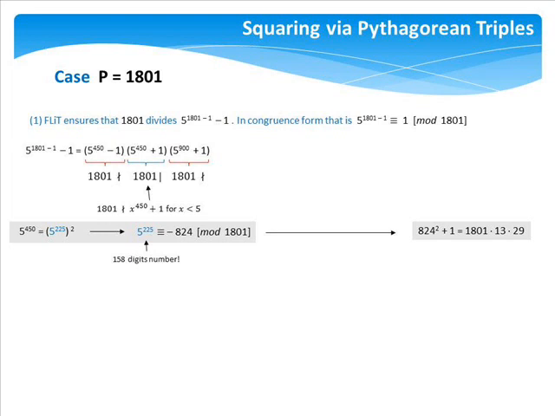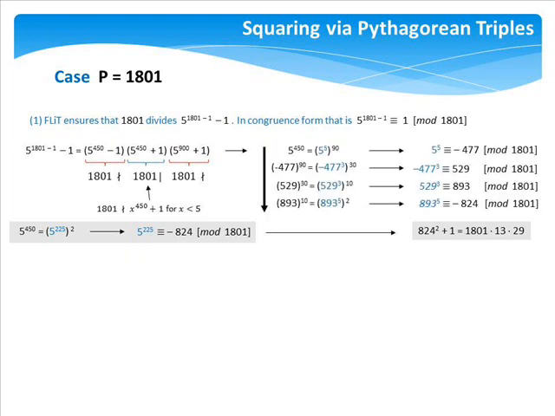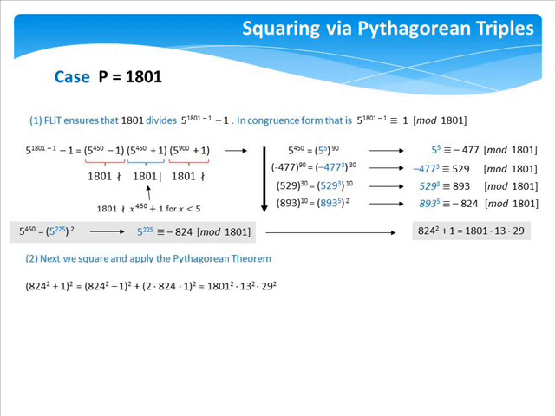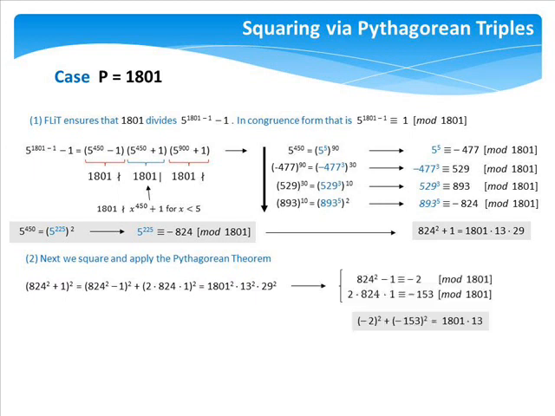However, working with 5 raised to 225 means dealing with a massive number, 158 digits long. But we can simplify the problem by dividing it into a short number of steps as shown above, recombining the base and exponent so as to compute their congruence with the smallest number bigger than 1801. The subsequent step mirrors what we did for prime 53, squaring through the Pythagorean triples.